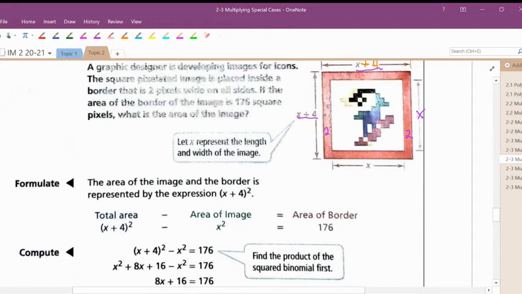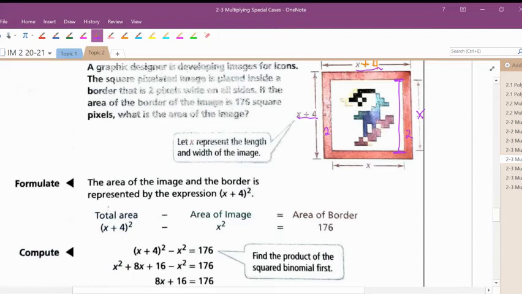We don't care about that middle image. So the area of the image is x times x, or x squared, because we're just using from here to here if we're just talking about the image. So we have x plus 4 squared minus that x squared that middle picture represents.